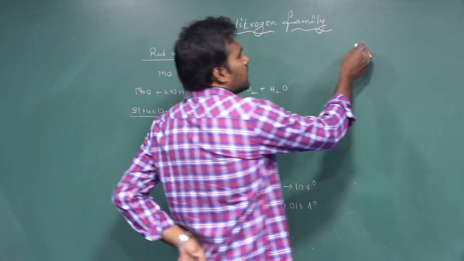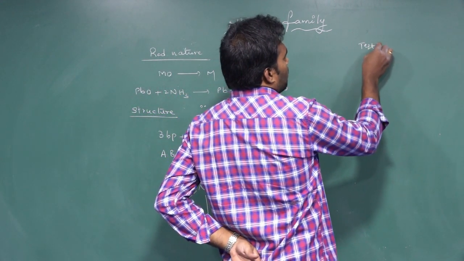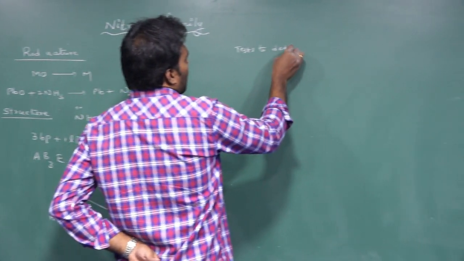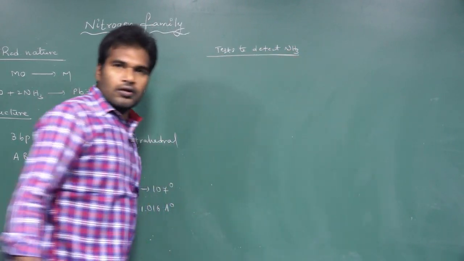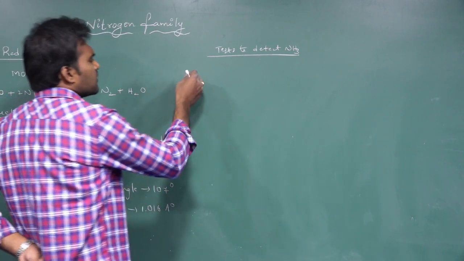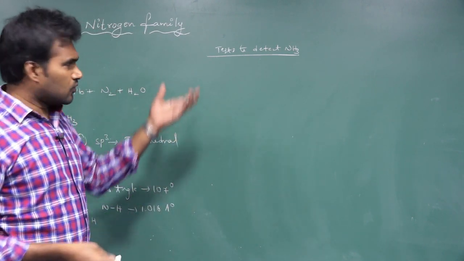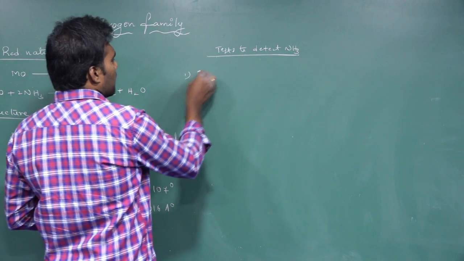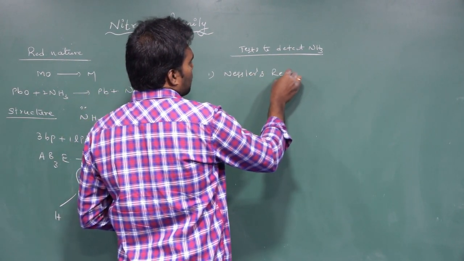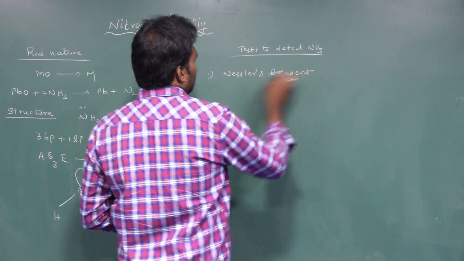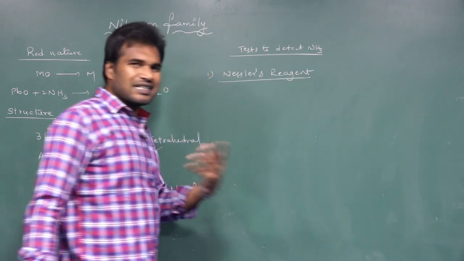Next one, tests to detect ammonia. Two tests we usually use to detect ammonia. The first one is Nessler's reagent test. First of all, what is Nessler's reagent?